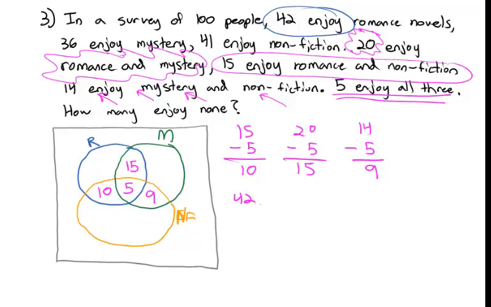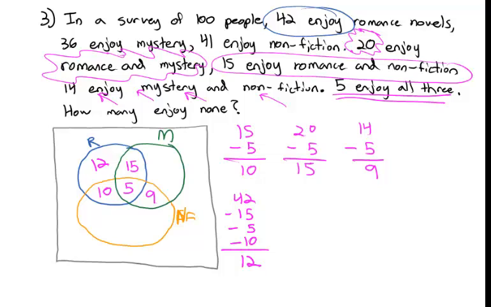But you'll notice inside the blue circle we've got 3 numbers. We have to subtract out the 15, subtract out the 5, and subtract out the 10. Because we don't want to double count those groups. So we're subtracting out 15, 5, and 10. That's 30. So there's 12 that were exclusive romance nuts.